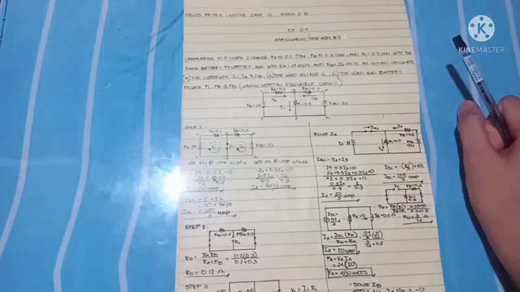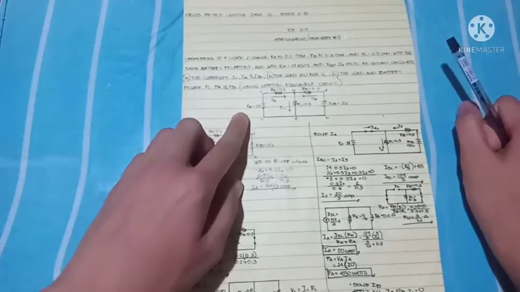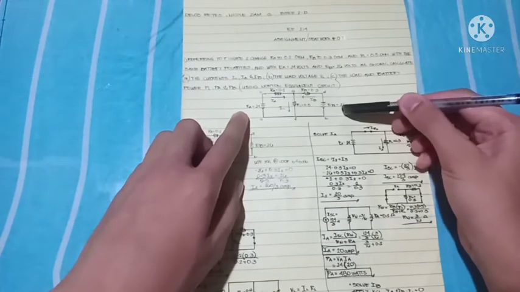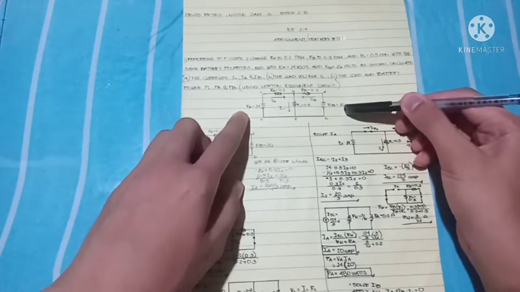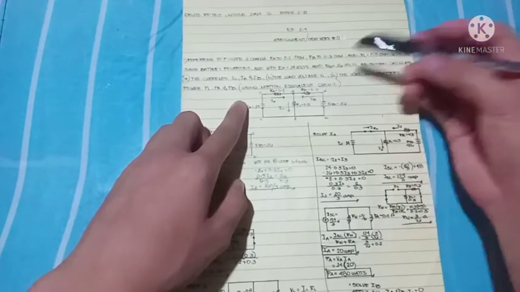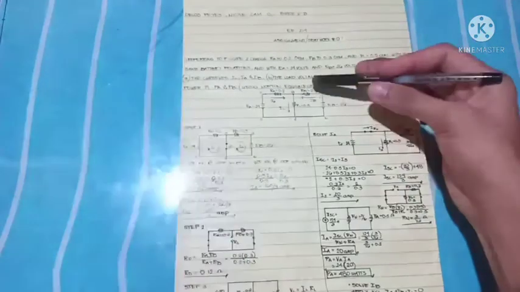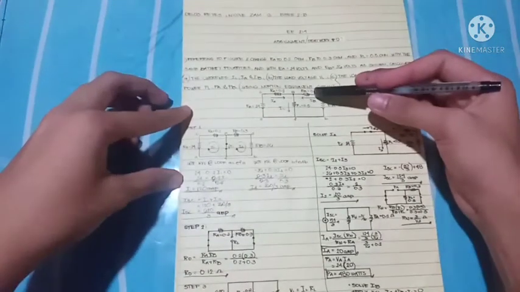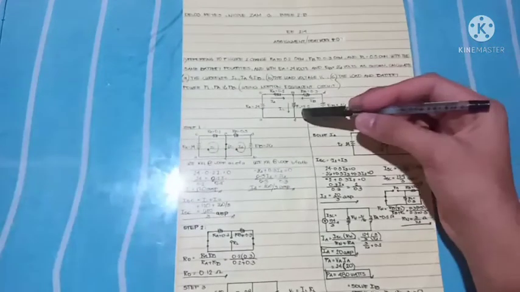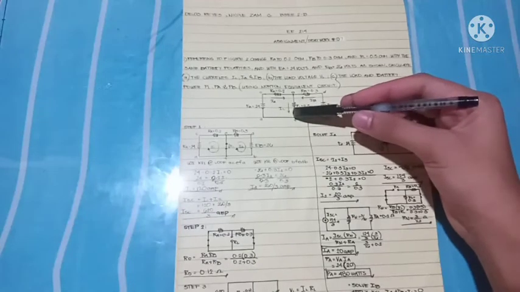So, given two voltage sources, EA equal to 24 and EB equal to 26 volts, connected to resistor RA equal to 0.2 ohms, and thus current A, RB equal to 0.3 ohms, and thus current B, and RL equal to 0.5, and thus current L.